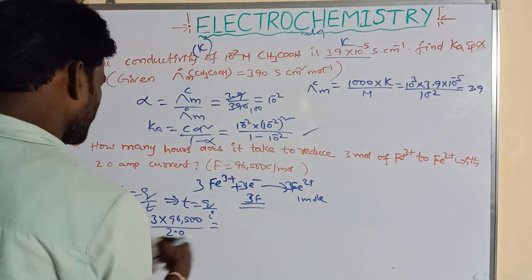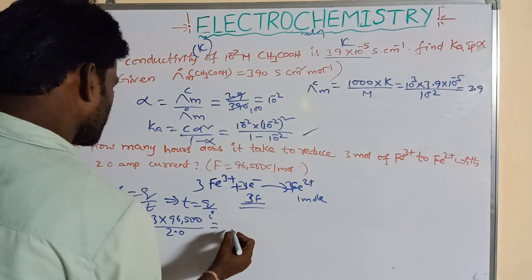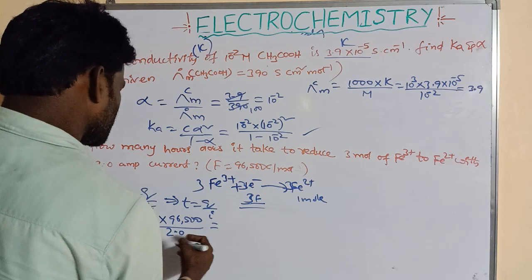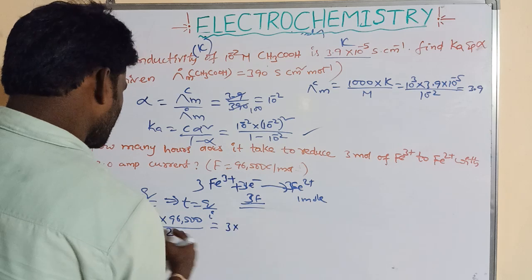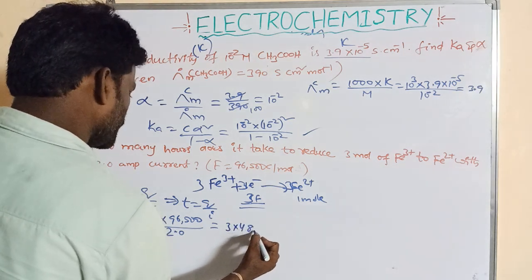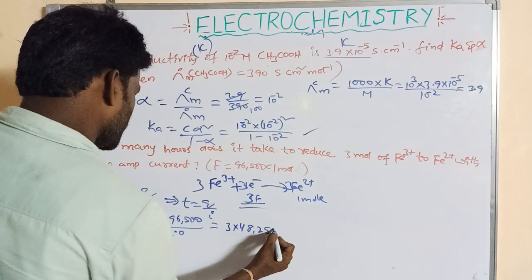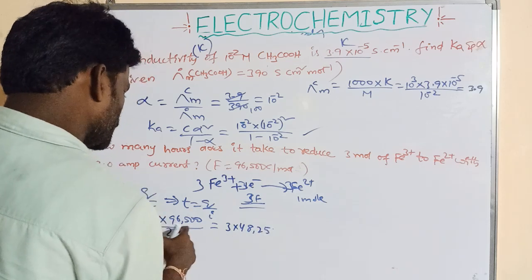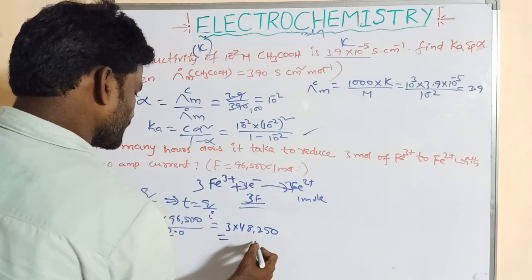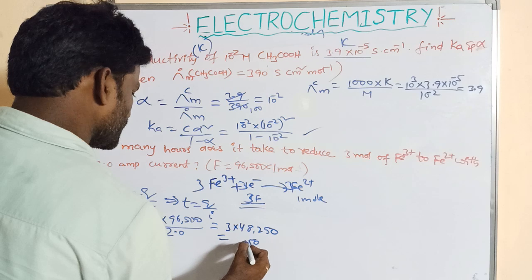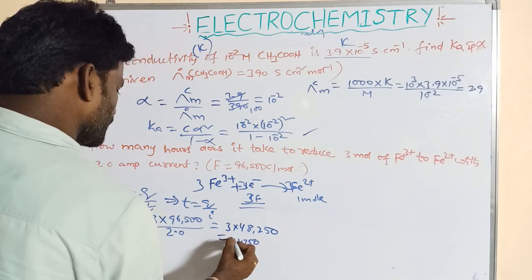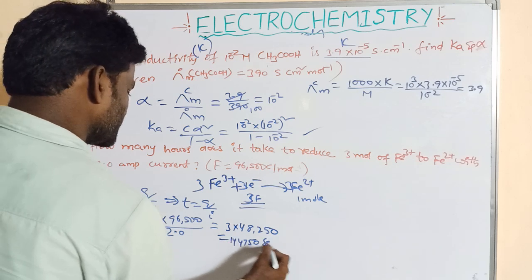If it is simplified, we got 3 into 96,500 by 2, which is about 1.4 into 10 to the power of 5. So this is in seconds.